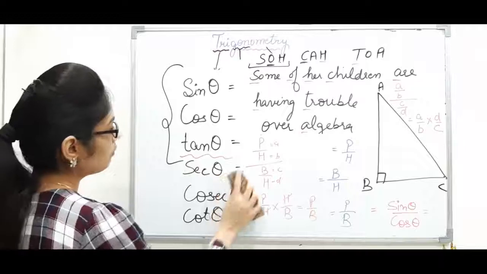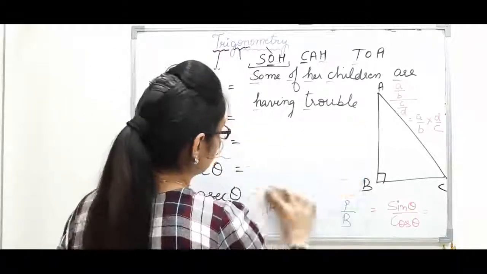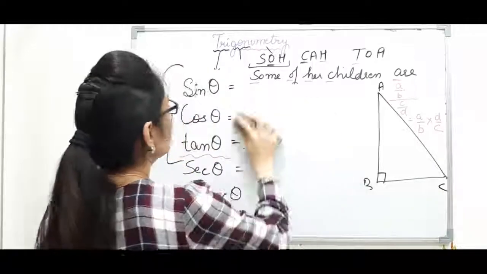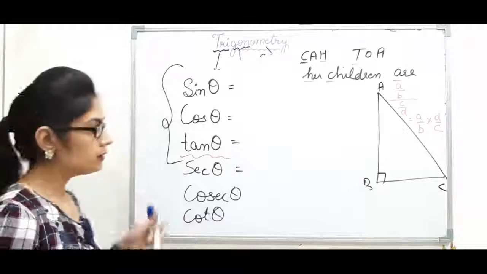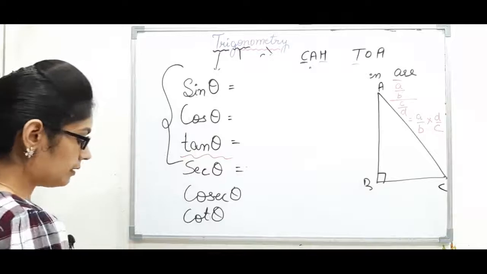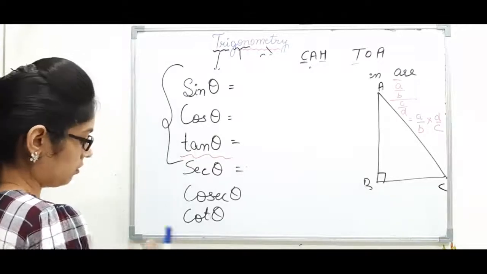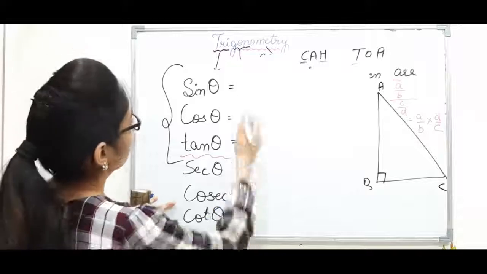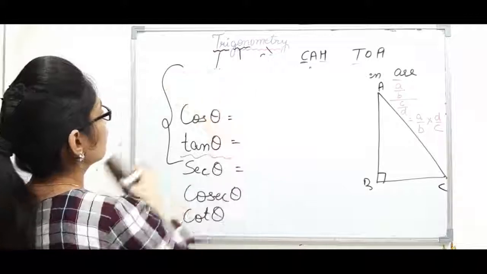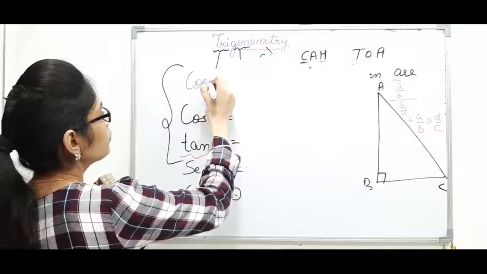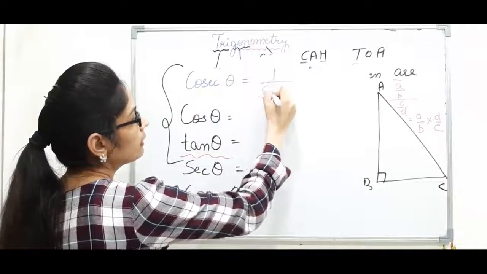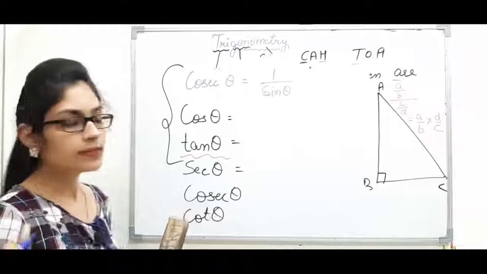Now the first 3 we have discussed. Let's discuss the next 3. It's very simple, because these next three are the reciprocals of the first three. Cosecant theta, which we write as cosec theta, is equal to 1 upon sin theta, the reciprocal of sin theta.